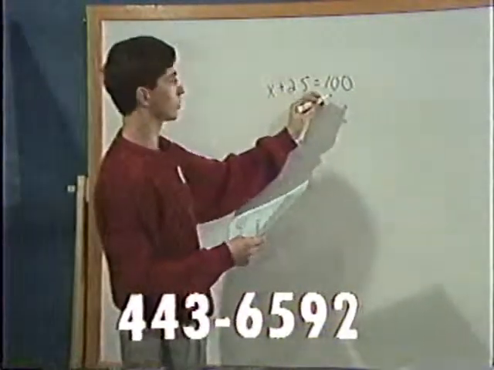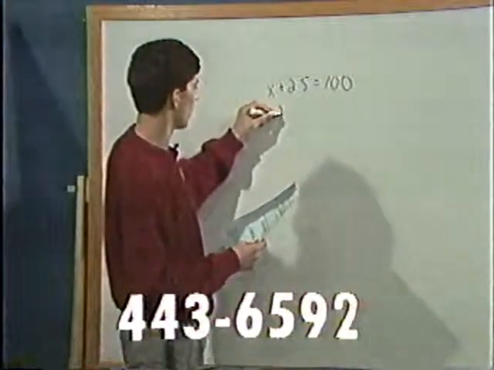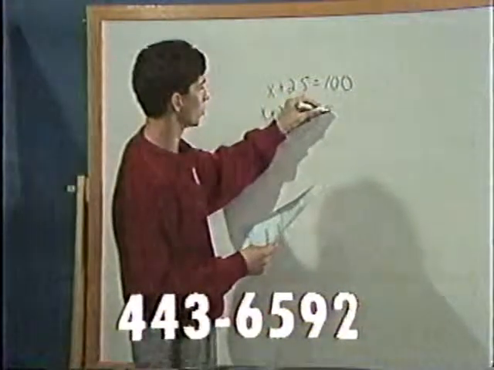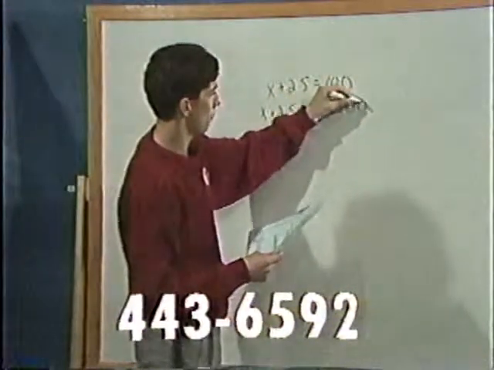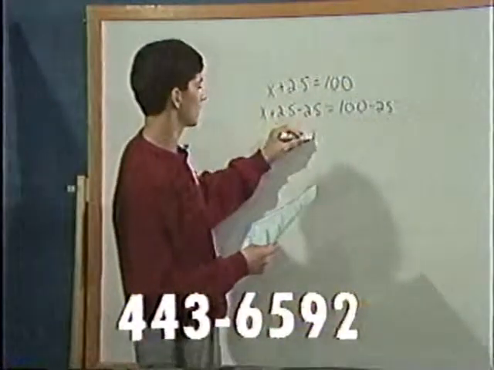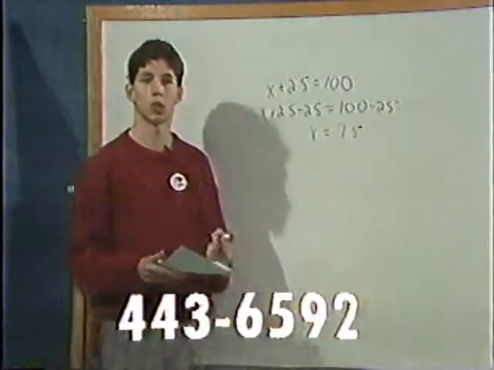To do this, we subtract 25 from each side. So x plus 25 minus 25 equals 100 minus 25, which simplifies down to x equaling 75. I hope this answers your question.